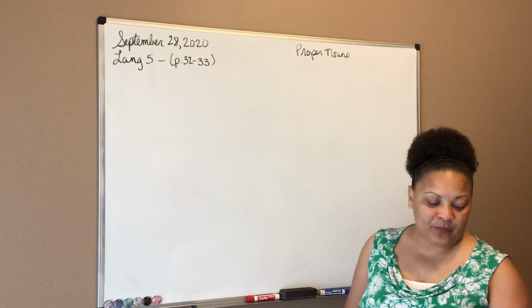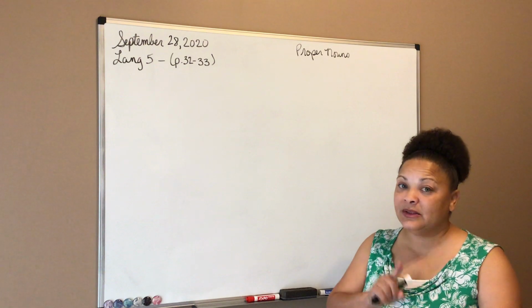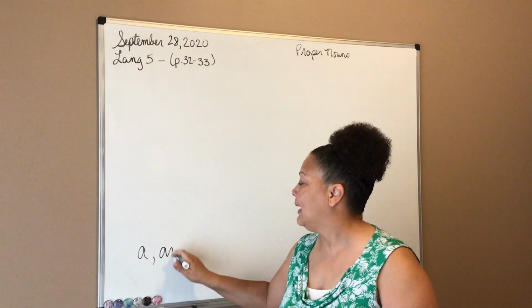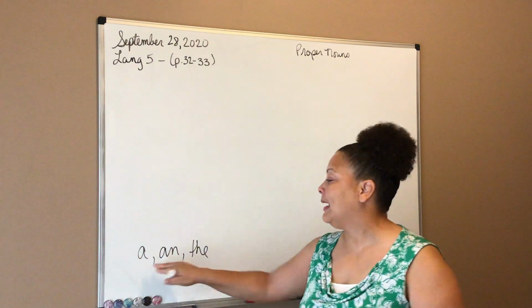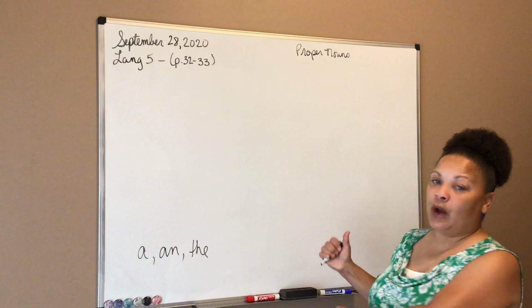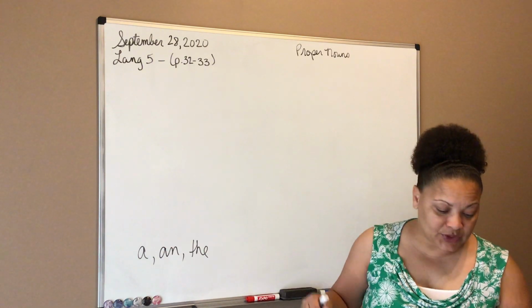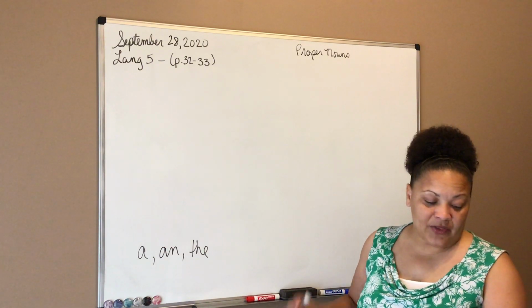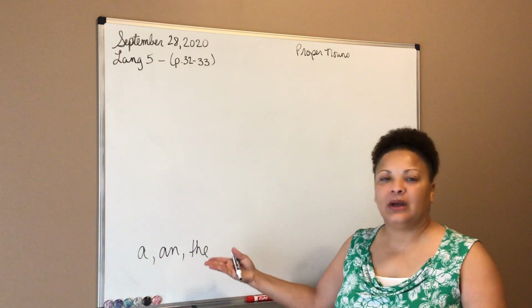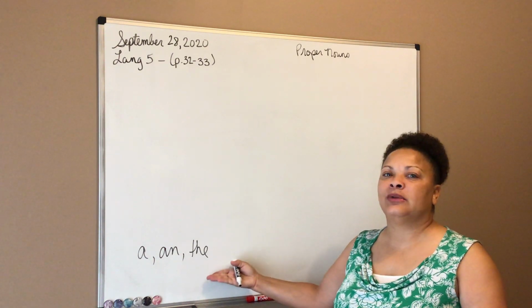So notice that the word the, T-H-E, remember our articles A, A-N, and T-H-E, are signals that a noun is following, right? So it has the announcer. So the what? Announcer. Should announcer be capitalized?